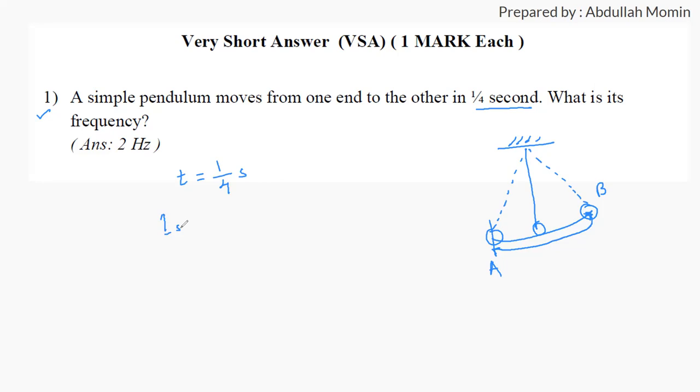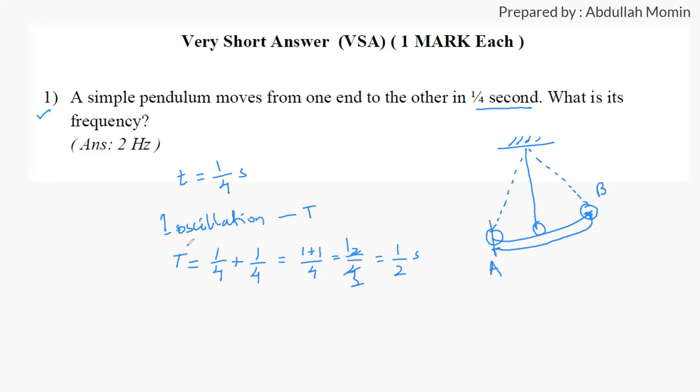And for one oscillation, the time is capital T, and we can write capital T equals 1 by 4, the time taken to reach from A to B, then again from B to A, the time is 1 by 4. Since the denominator is common, 1 plus 1 upon 4, so it is 2 by 4, which is 1 by 2 seconds.